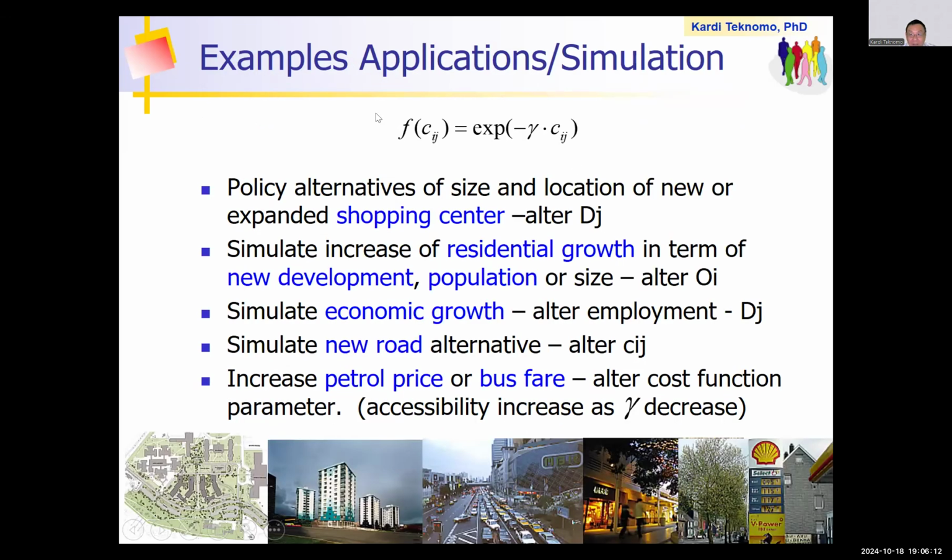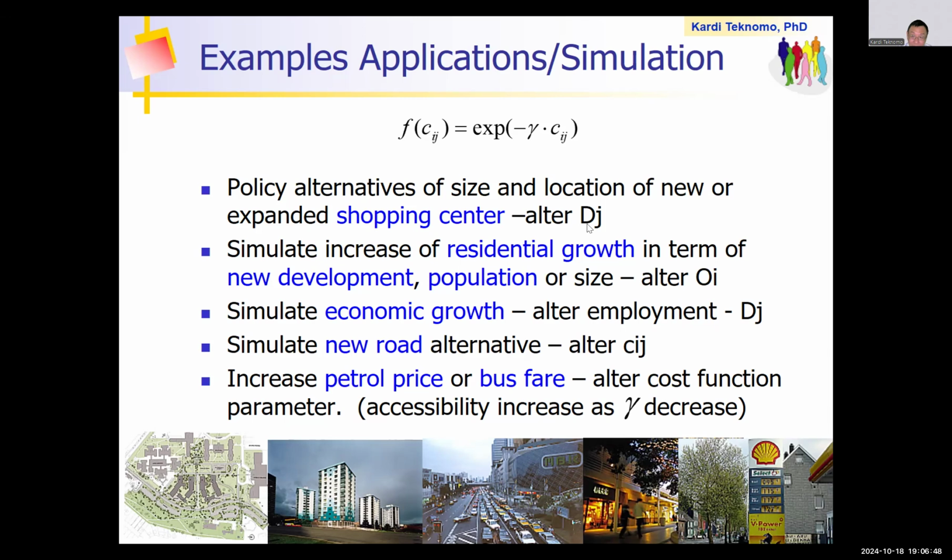So now here are the ideas for how you can use the application or simulation of the gravity model for different purposes. Number one, for example, if you want to test a policy alternative regarding the size and location of new and expanded shopping centers, in this case you alter the attraction.